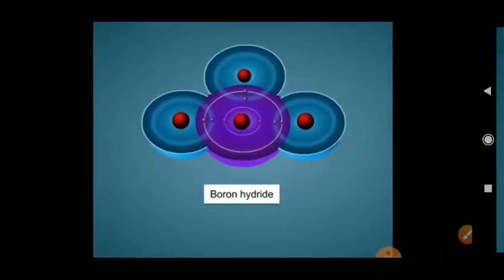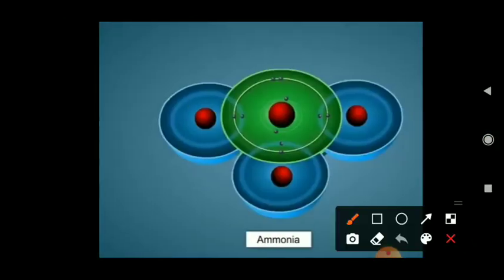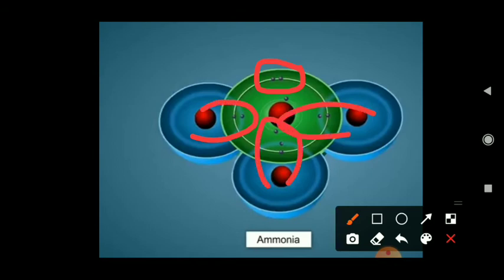And ammonia is an example of electron rich hydride. Why is it electron rich? Because there is a lone pair. A lone pair does not take part in bonding, so these are called electron rich hydrides. For example, ammonia has one lone pair and covalent bonds between nitrogen and hydrogen.